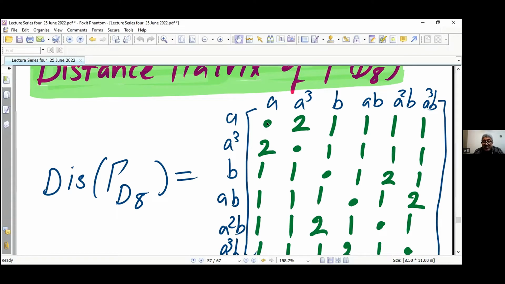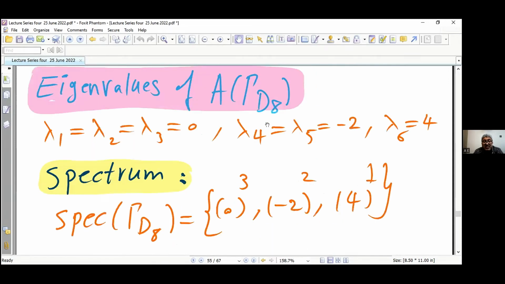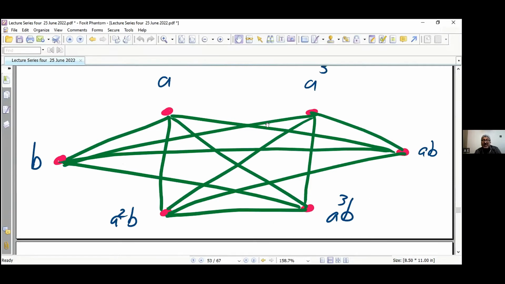Let me show you the graph again. Look at this graph. The distance between A and A cube is 2 because we can choose the path from A to B, and B to A cube. This is the shortest path, and its length is 2. So the distance between A and A cube is 2.